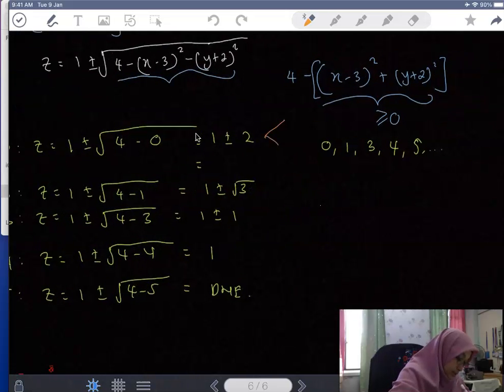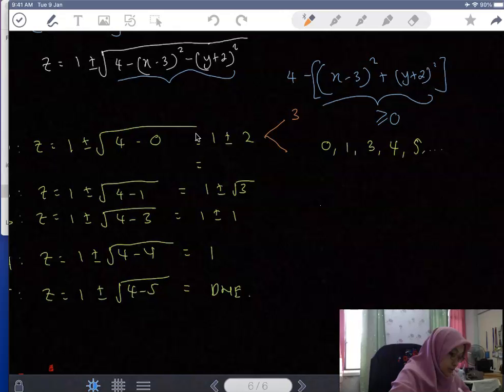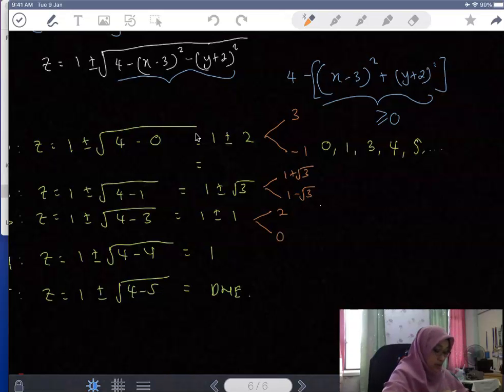This one will give you 1 plus 2, 3, and 1 minus 2, minus 1. And this one will give you 1 plus square root 3, and 1 minus square root 3. And this one will give you 2 and 0. And this is 1.